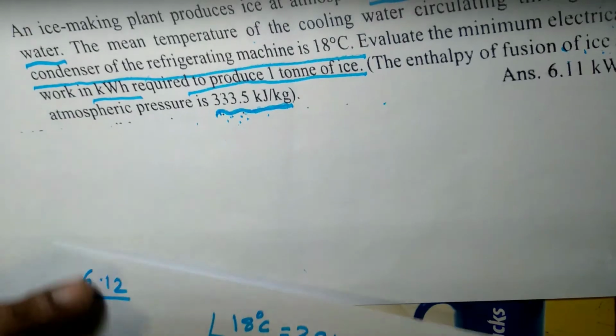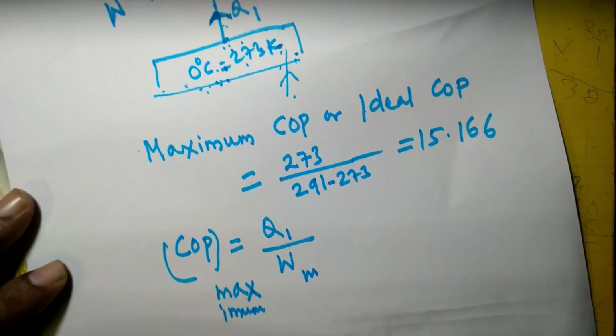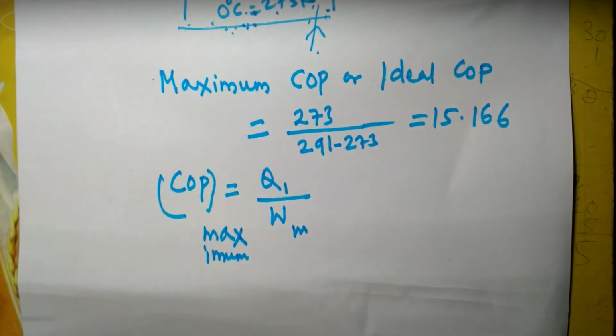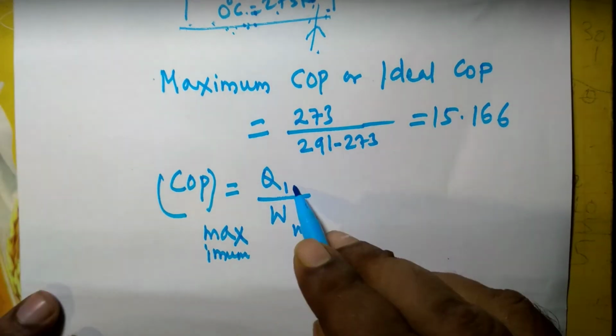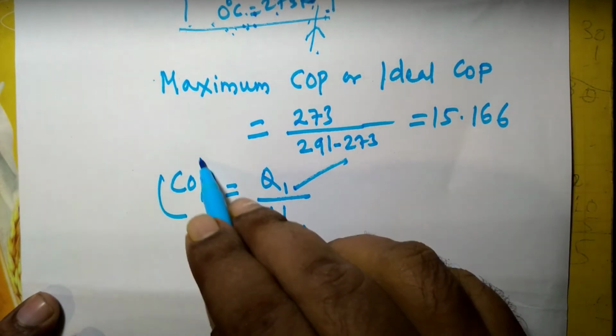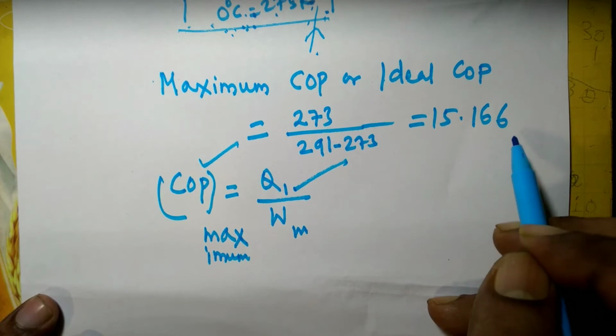So Q1 is constant, because we are required to find minimum work to produce 1 ton of ice. 1 kg of ice can be produced if we remove 333.5 kilojoule of heat. So Q1 is fixed, and COP maximum we just calculated, and it is 15.166.